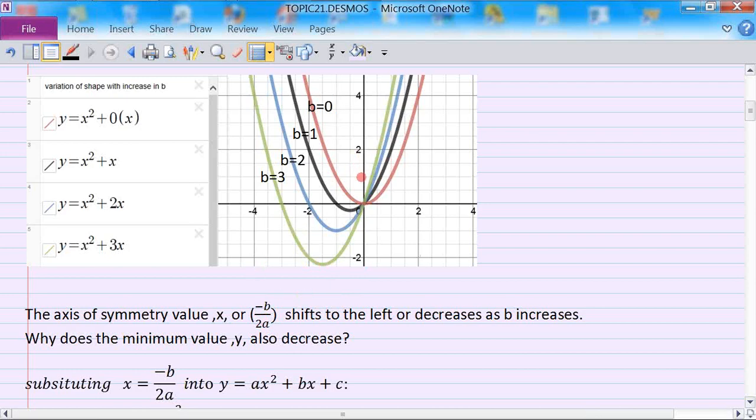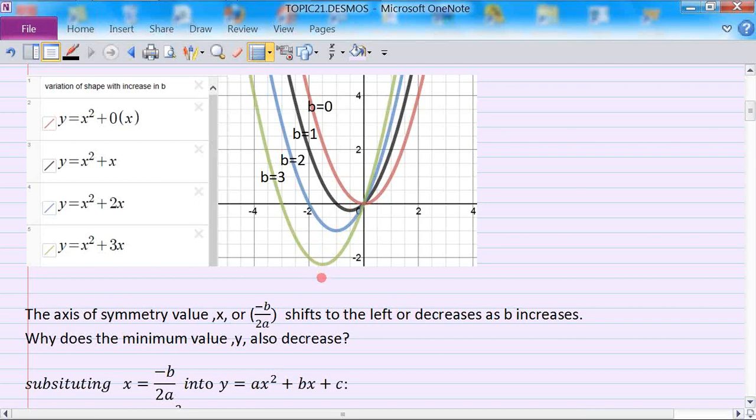See, here's the axis of symmetry for b equal to 0. It's right along this line. If you go to this one here, which is represented by this graph, and b is 1 here, you can see the axis of symmetry is approximately there. And here, in b equal to 2, it is approximately there.